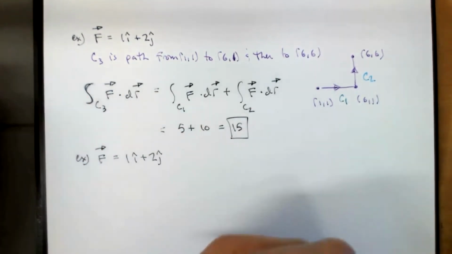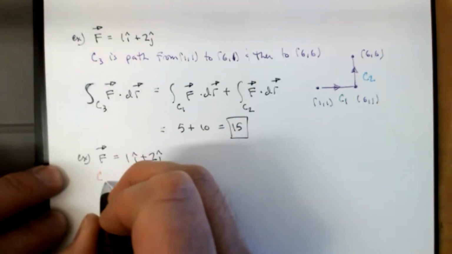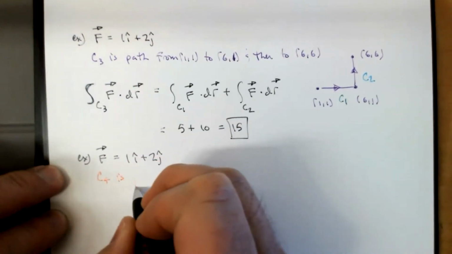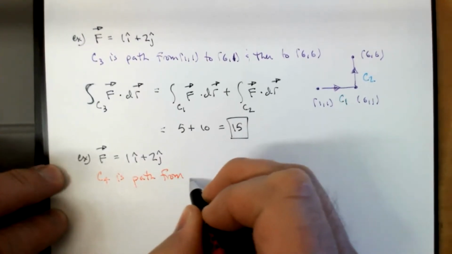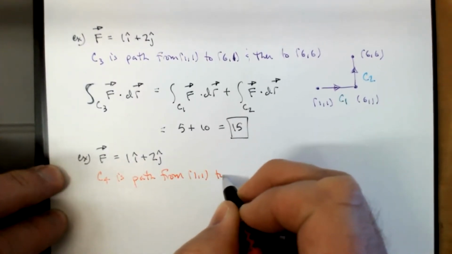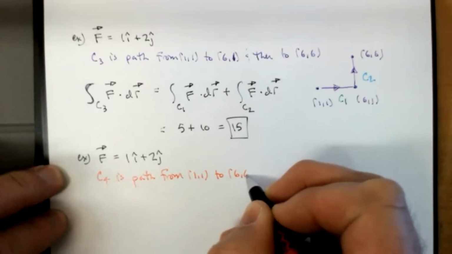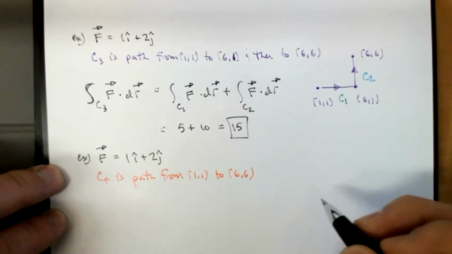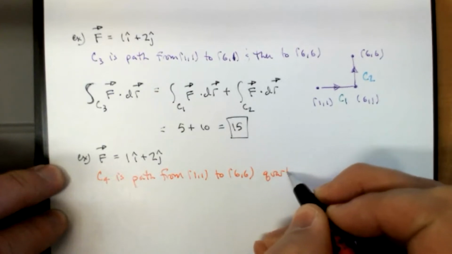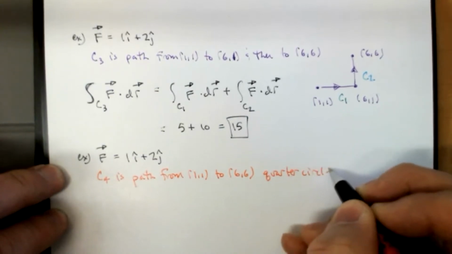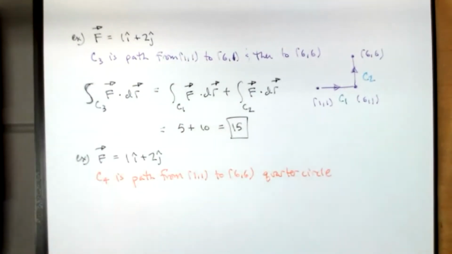Let's make C4 the path from 1,1 to 6,6 in a quarter circle.